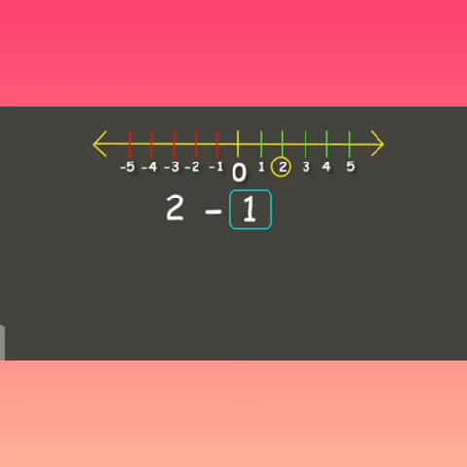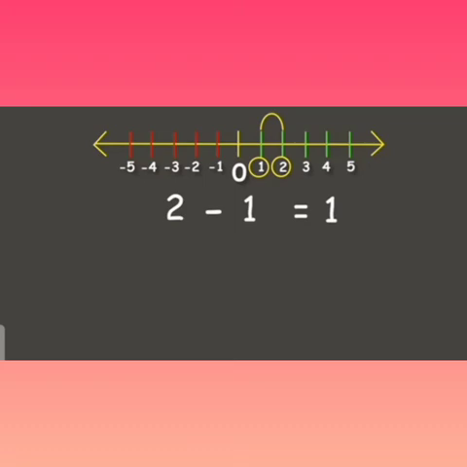And if it's negative, we will move to the right. Let's have an example. Here we have the subtrahend positive 1. It means that we need to move 1 unit to the left. There you go. Now, our answer is positive 1. This means that 2 minus 1 equals 1.